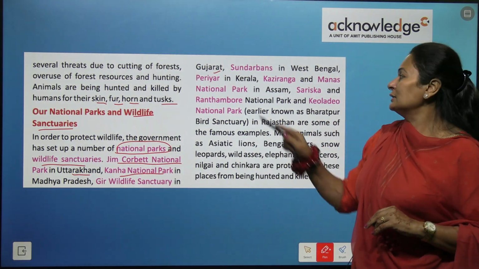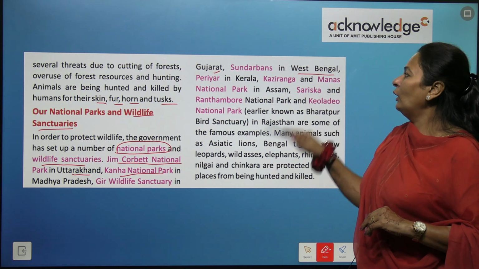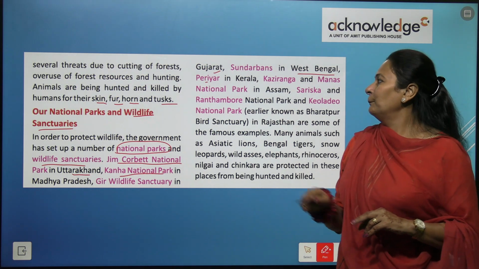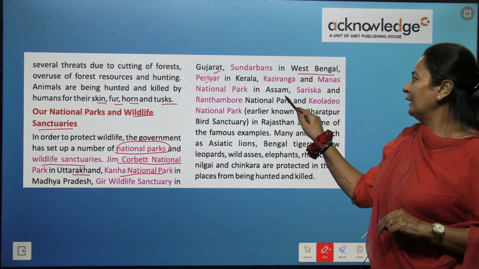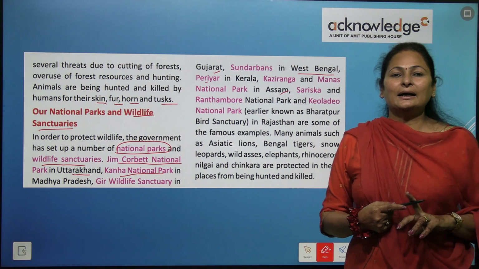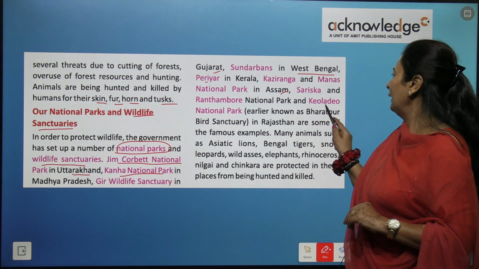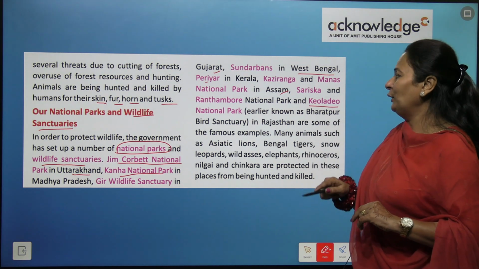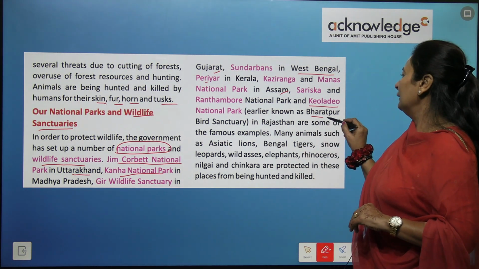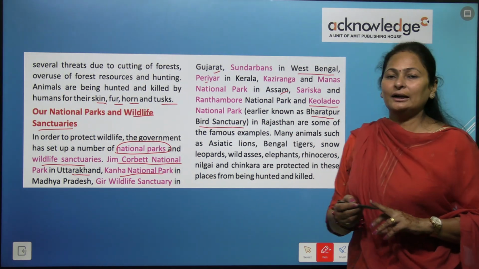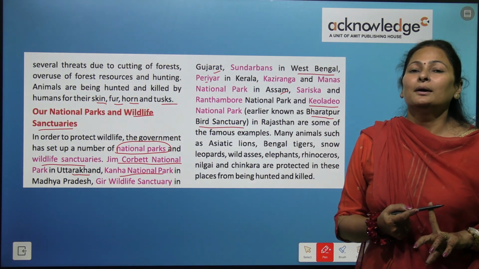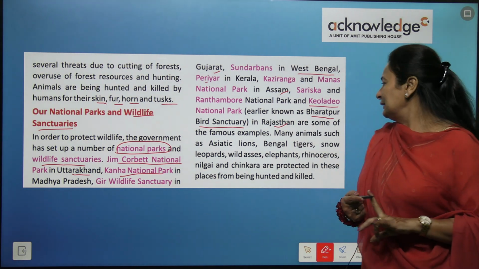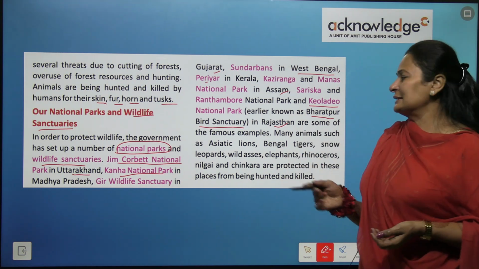Sundarban mangrove forest is in West Bengal, Periyar in Kerala, Kaziranga and Manas National Park in Assam, Sariska, Ranthambore National Park and Keoladeo National Park. Earlier, Keoladeo National Park was known as Bharatpur Bird Sanctuary. These are in the state of Rajasthan, some famous examples of this.